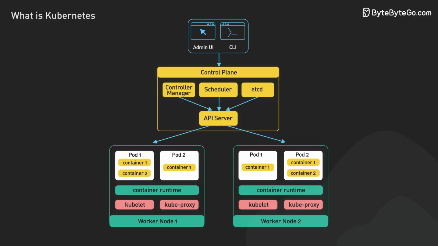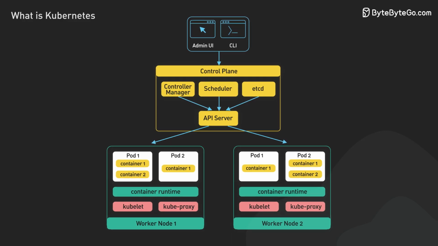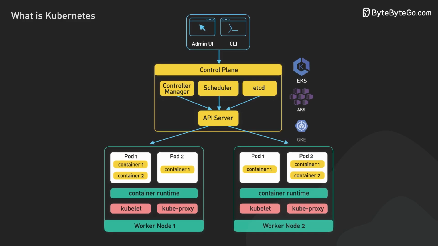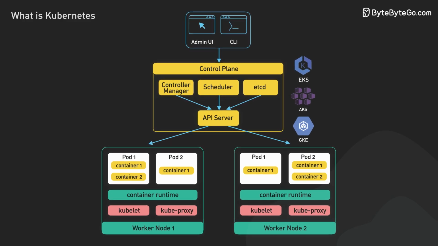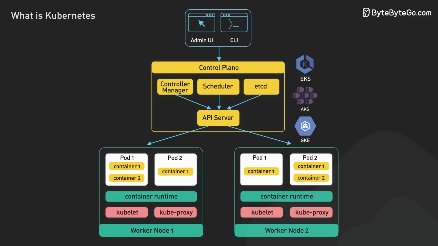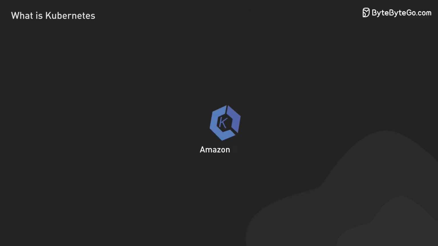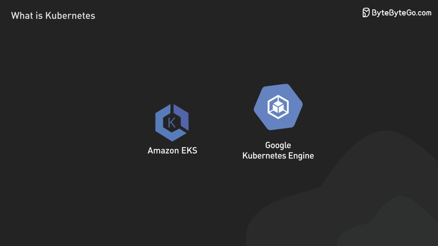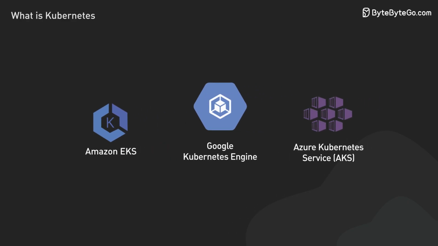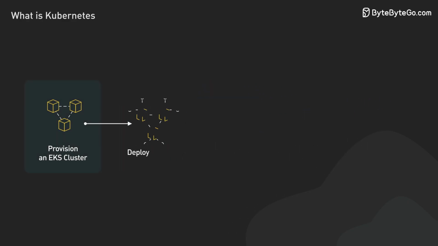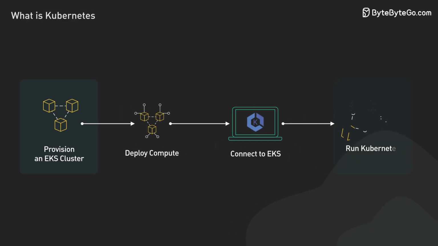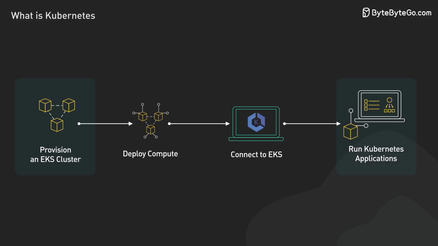One popular option that strikes a reasonable balance is offloading the management of the control plane to a managed Kubernetes service, which cloud providers offer. Some popular ones are Amazon EKS, GKE on Google Cloud, and AKS on Azure. These services allow organizations to run Kubernetes applications without worrying about the underlying infrastructure.